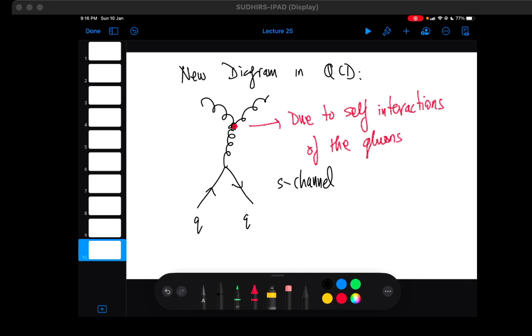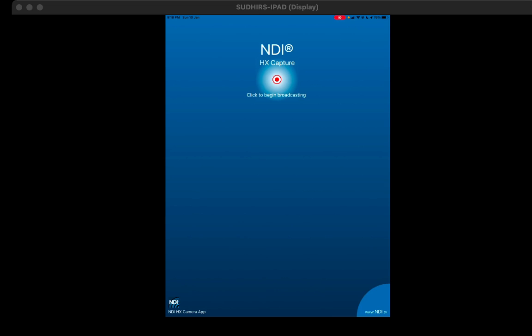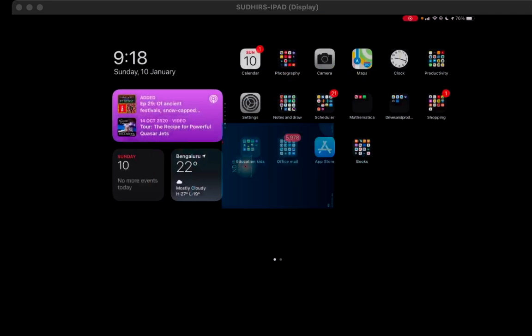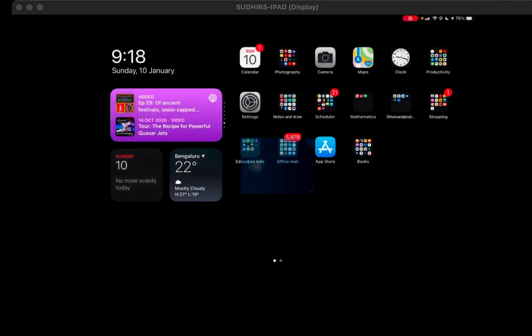Now, talking about gluons, one can ask the question, how do you discover these gluons, let's say in an experiment? How are these gluons discovered in an experiment, and how do they appear?